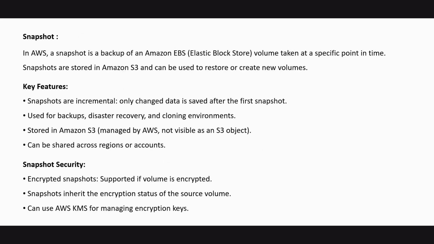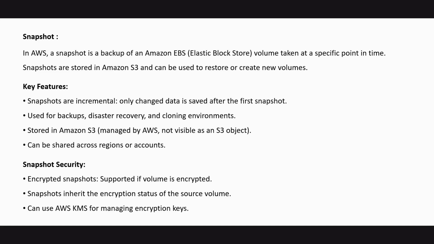Then snapshot. A snapshot is nothing but a backup of an EBS volume of an EC2 instance. To be simple, snapshot is the backup of an EBS volume of an EC2 instance. It is a specific point in time backup.